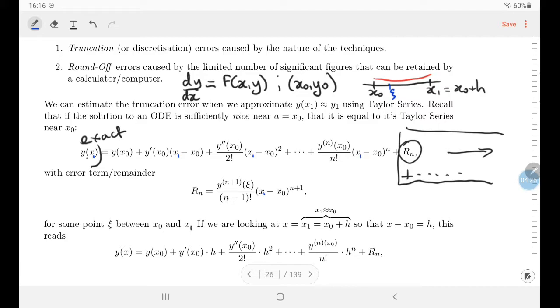Okay, and there's a few things going on here, right? Look at this. The difference between x1 and x0 is actually the step size. So if the step size is small, and we take it to the power of n+1, that's small. And look at the (n+1) factorial. That's a big number if n is big.